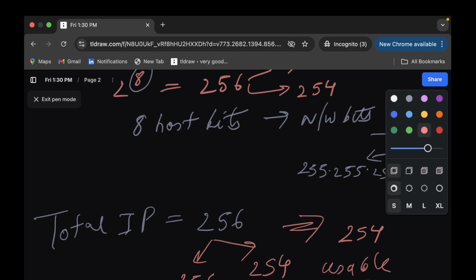Then each class is having its own... Let's see. I guess each class is getting its own subnet or something.